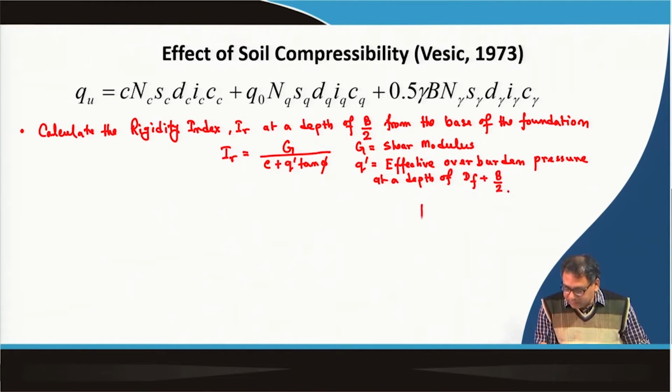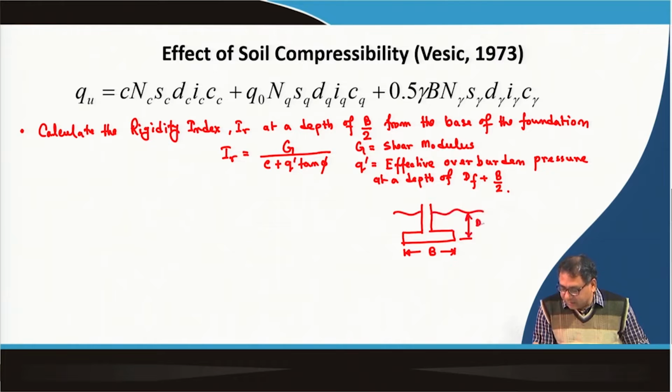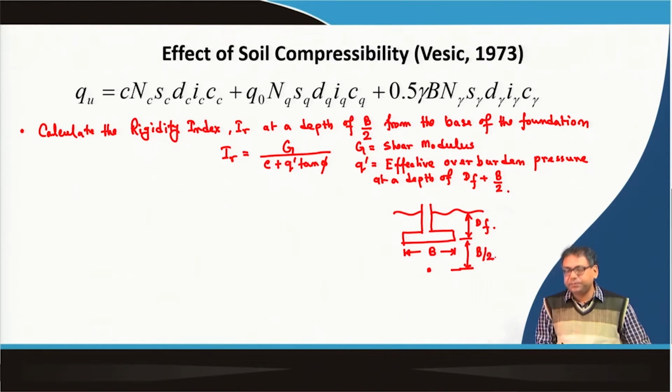Suppose we have a footing whose width is B and this is the depth of the foundation. We have to calculate this rigidity index at a depth of Df plus B by 2.